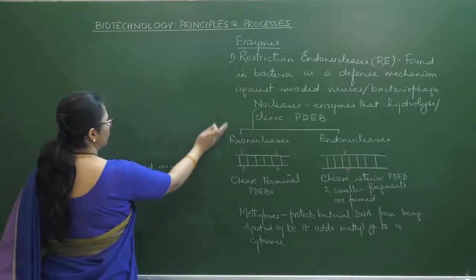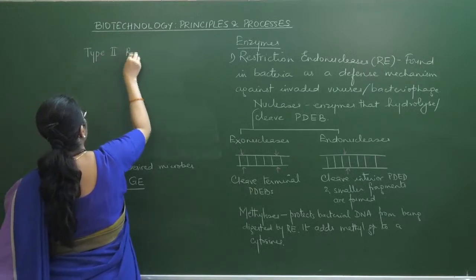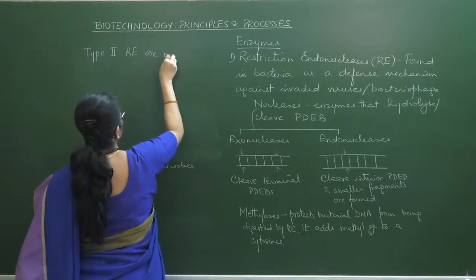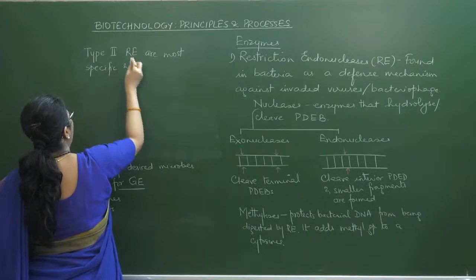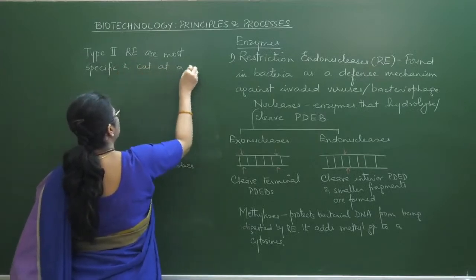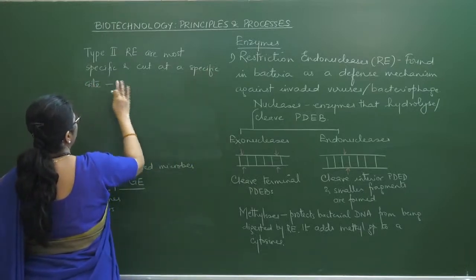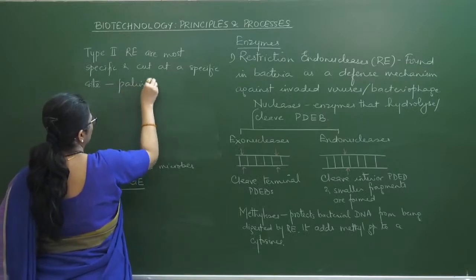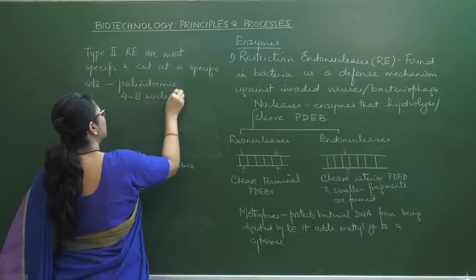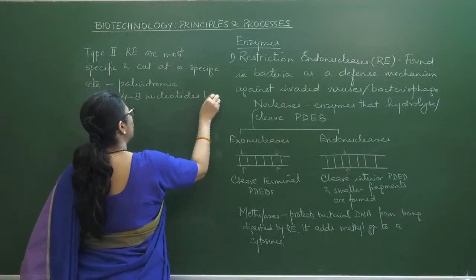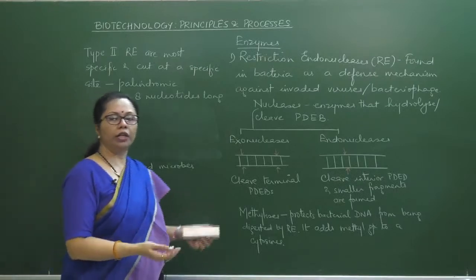Okay, so type 2 restriction endonucleases are most specific out of the other restriction endonucleases, and cut at a specific site, and this site is a palindromic site, usually 4 to 8 nucleotides long. So it will be reading that site, and this site of course will be called accordingly the restriction site or the recognition site.